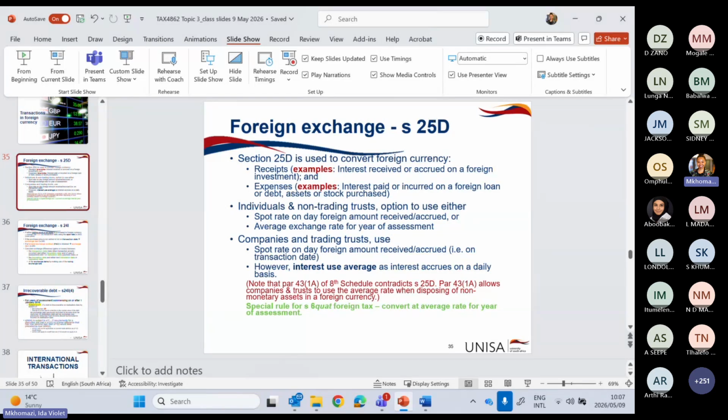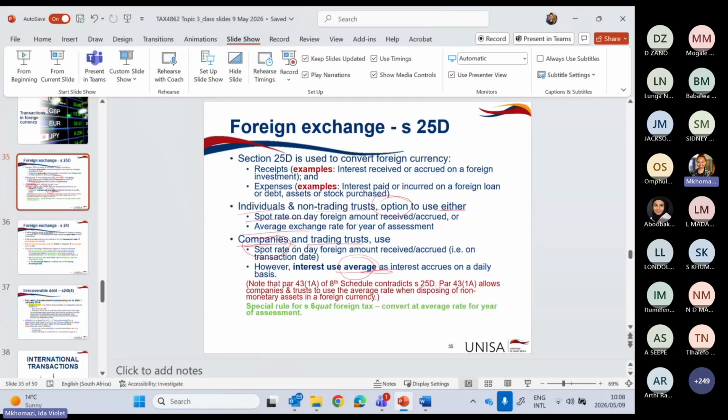The rule is that if you are a company and a trading trust, then you need to use the spot rate on the transaction date. But remember that for interest, since interest is something that accrues on a daily basis, you need to use the average rate. If you are an individual or a trust that's not trading, then they have the option to either use the spot rate or the average exchange rate. So obviously they would choose the one that is better between the two.